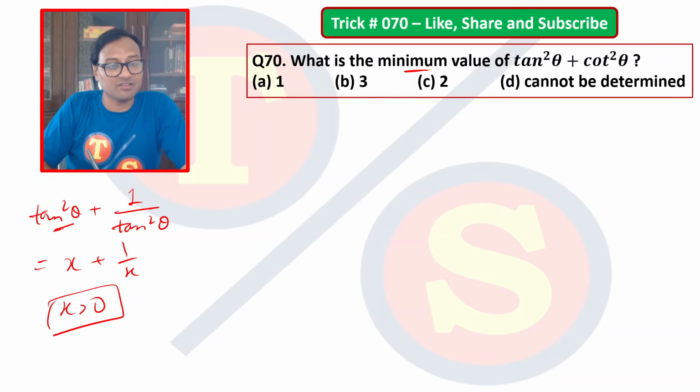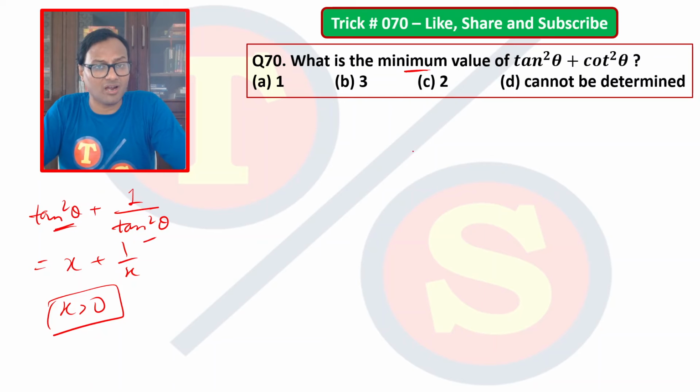I know that tan theta and cot theta are all real values. For any specific value of theta, tan theta and cot theta will always be real values. And for 0 degree, 180 degree, even if they are not defined, still they are real. They are not defined because we cannot find out what their value will be, but we are sure that the value will always be real.